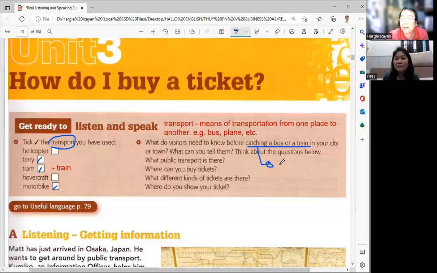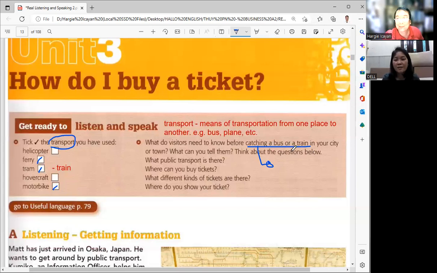Because the bus has a bus station, and you are a foreigner, you cannot ride the bus in Vietnam. Oh, so it's hard to ride the bus in Vietnam. So it's easy to ride a train rather than a bus.